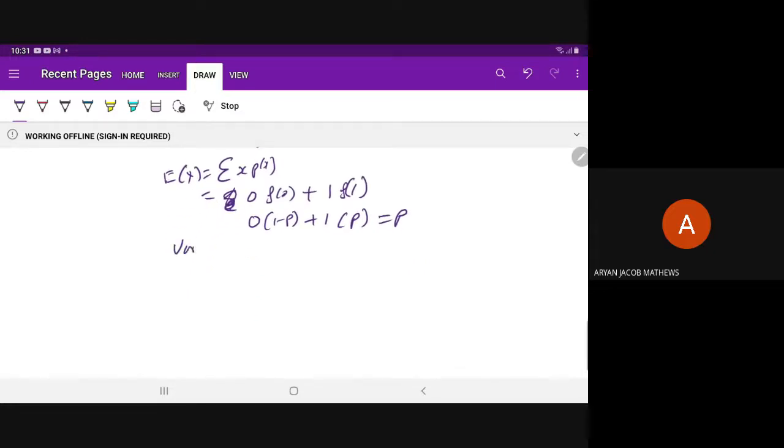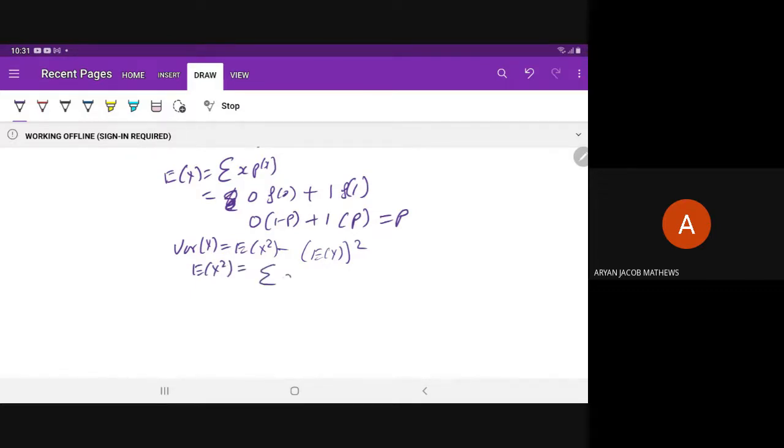Similarly, the variance of X is E(X square) minus the square of E(X). So first we have to compute E(X square). It is a discrete random variable, so the summation of x square times the associated probability.